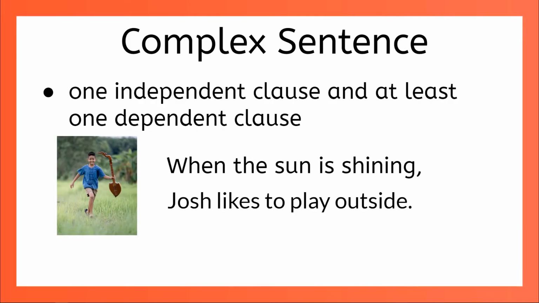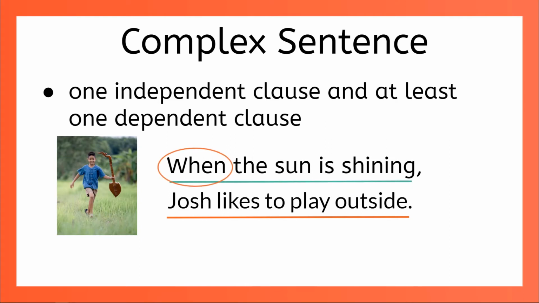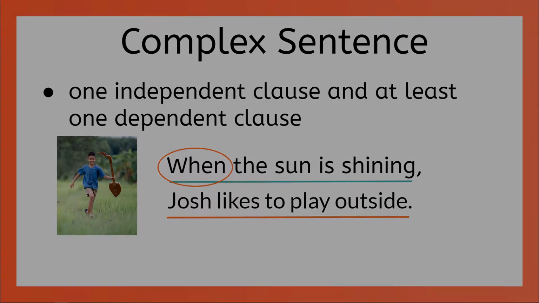So you've learned that a complex sentence contains one independent clause and at least one dependent clause, like in the sentence, "When the sun is shining, Josh likes to play outside." It has one independent clause and one dependent clause beginning with the subordinating conjunction when.